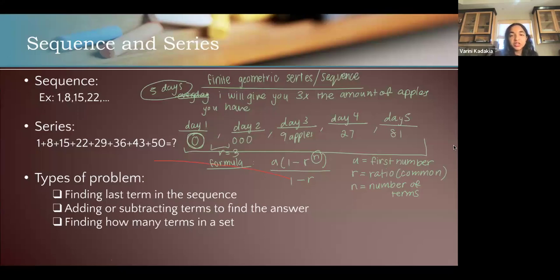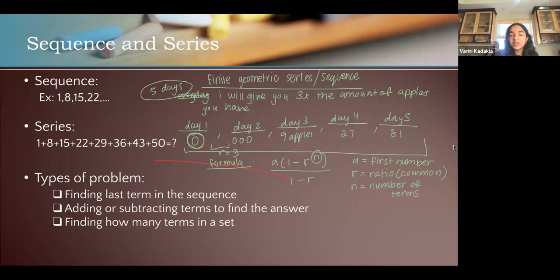But does everyone understand finite geometric series? Was everyone able to copy down the formula? I'll give you guys a couple more seconds to copy it down.